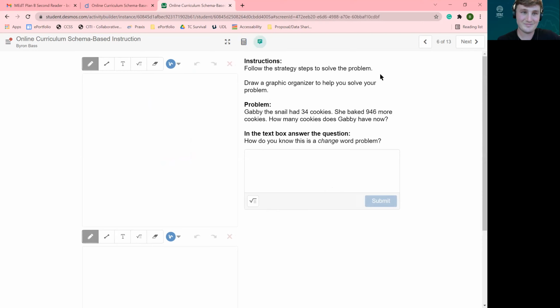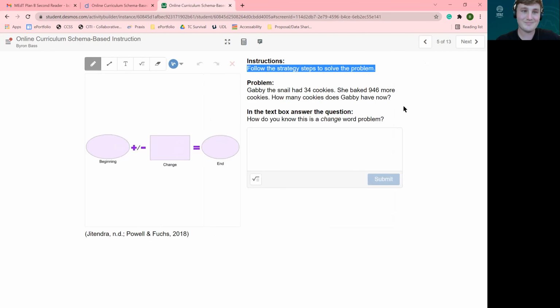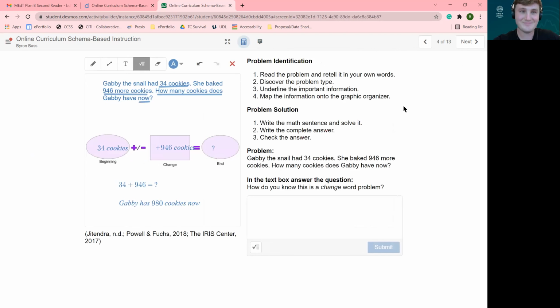So there were 4 different ways to scaffold the instruction, where typically this is what students would see: Gabby the snail had 34 cookies. She baked 946 more. How many does she have now? That's what kids usually see. And when we go backwards, there were 4 scaffolds to get to that point.